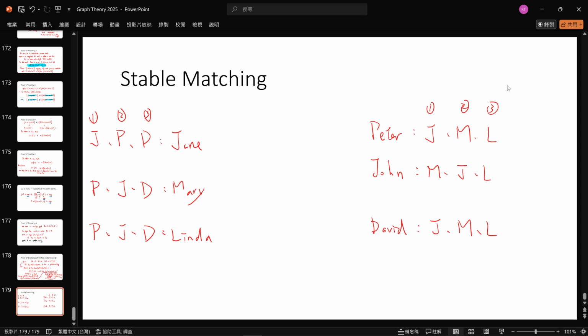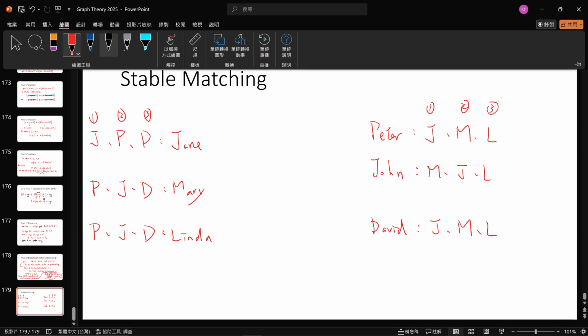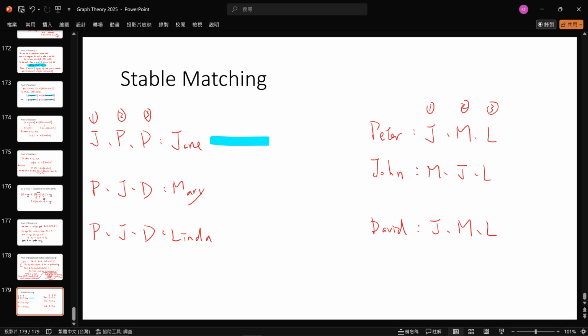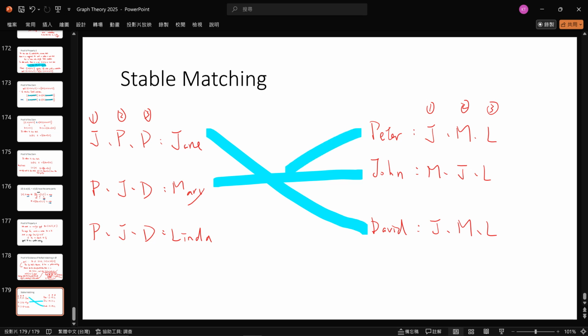So now there's no clear way of defining what a good matching is. But as you'll see next, there are some matchings that you should avoid. So for example, we can consider this matching.